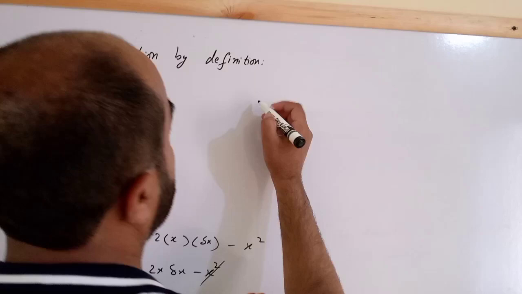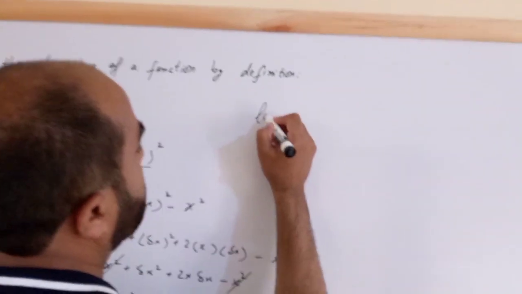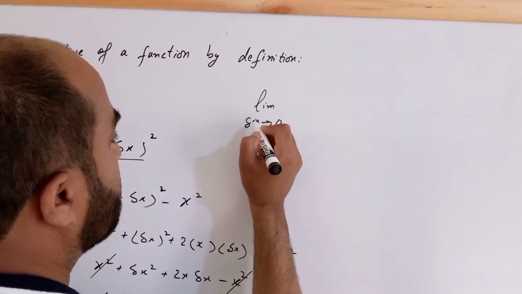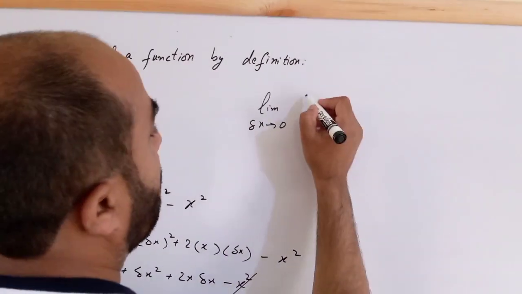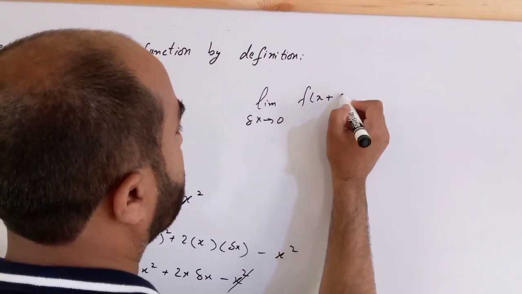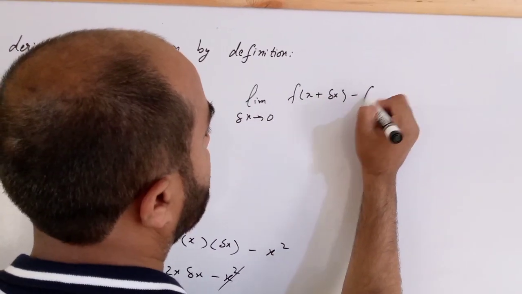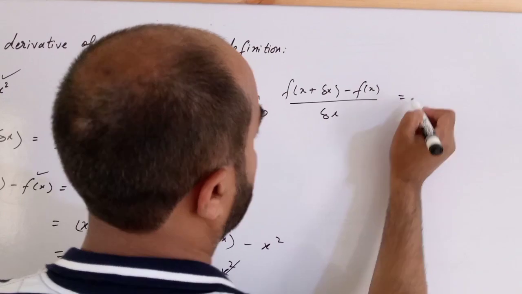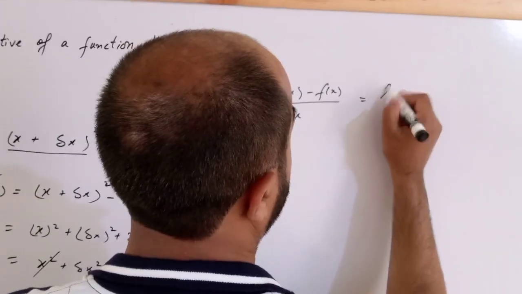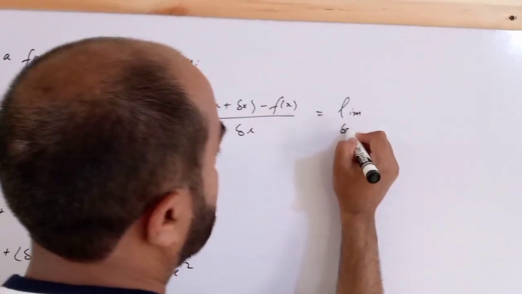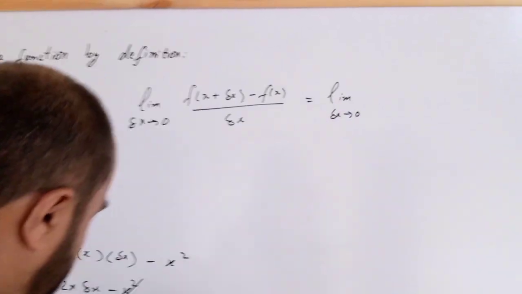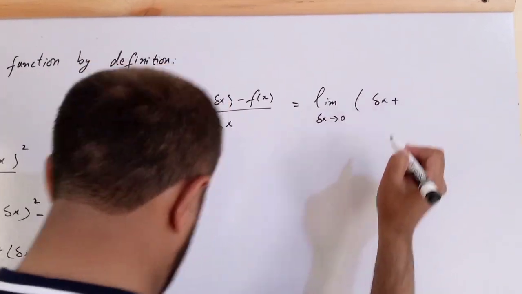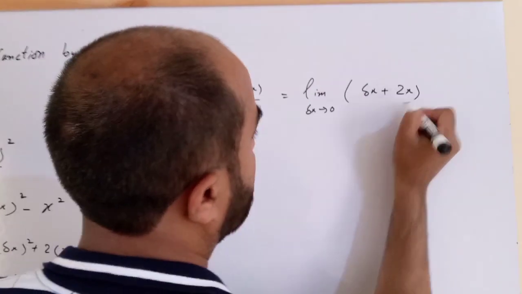Applying the limit as delta x tends to 0 of f of x plus delta x minus f of x divided by delta x equals the limit as delta x tends to 0 of delta x plus 2x.